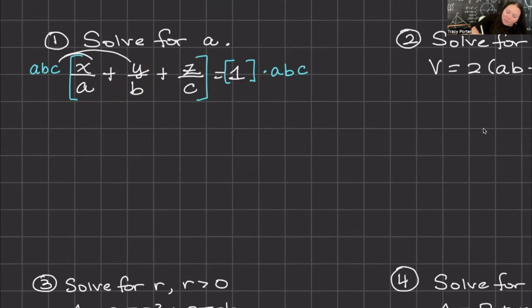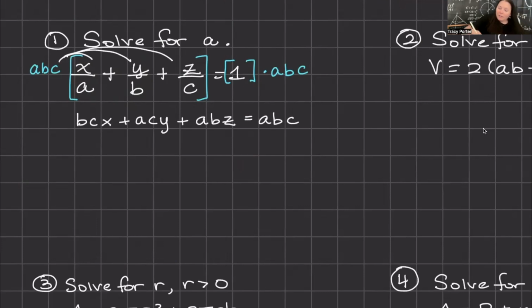So when we do that, that is going to give us ABCX plus ACY and then ABZ. And on the right side, we're going to have ABC.